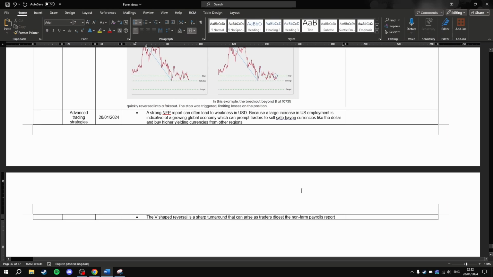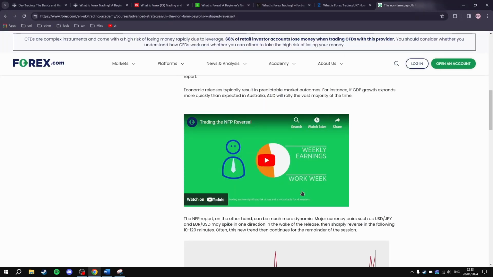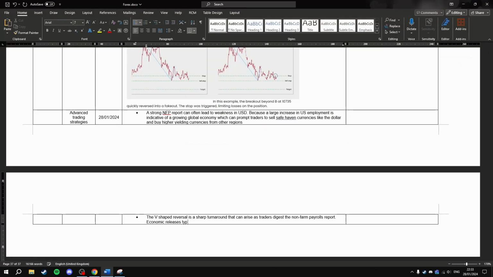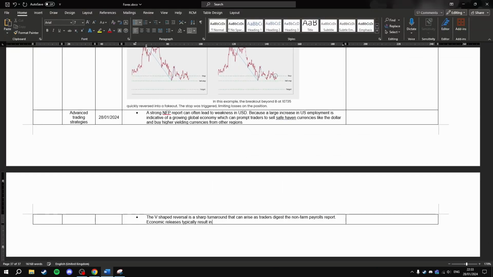Economic releases, so economic releases typically result in more unpredictable market outcomes.